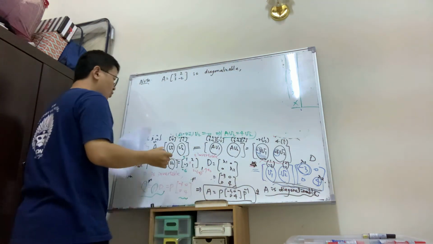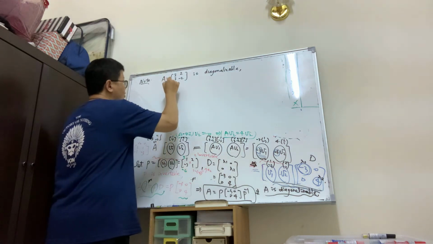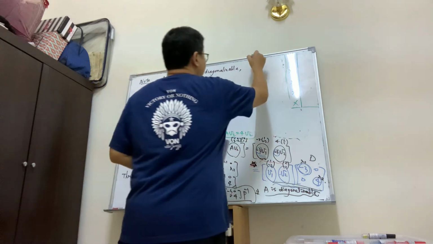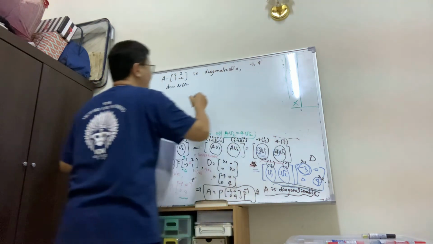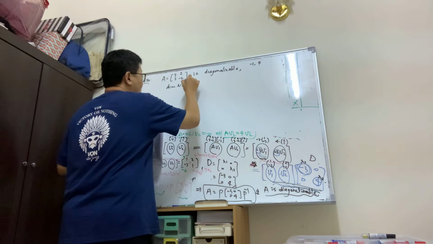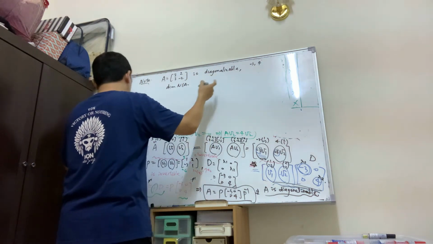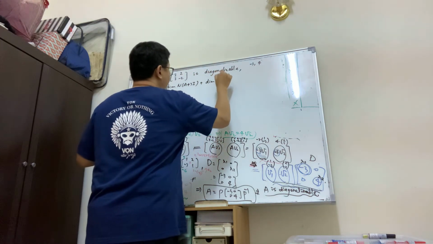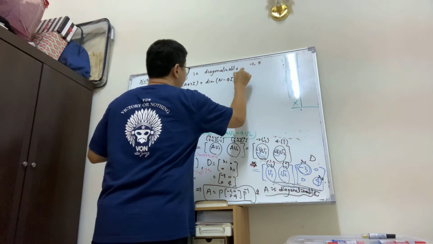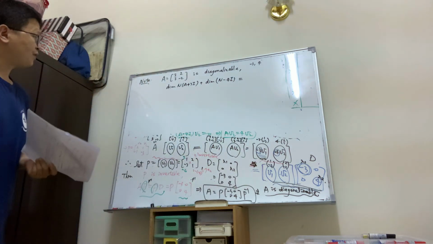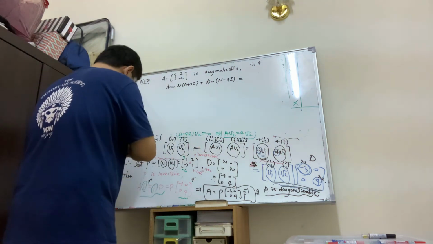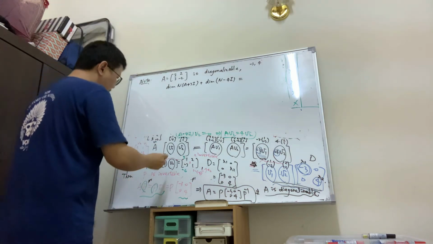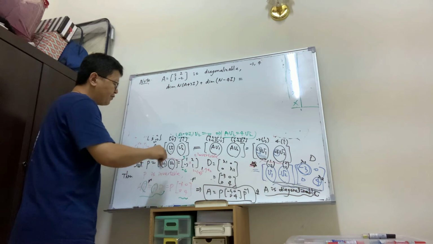For the null space of A, it has 2 eigenvalues. Negative 3 and 4 are the eigenvalues of A. So when you consider A subtract negative 3, so it's A plus 3I, and A subtract 4I, what's the sum of their dimensions? Remember that? For the eigenvector V1, we choose the eigenvector from its eigenspace.